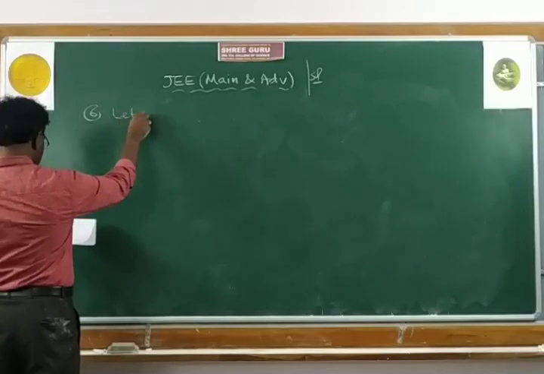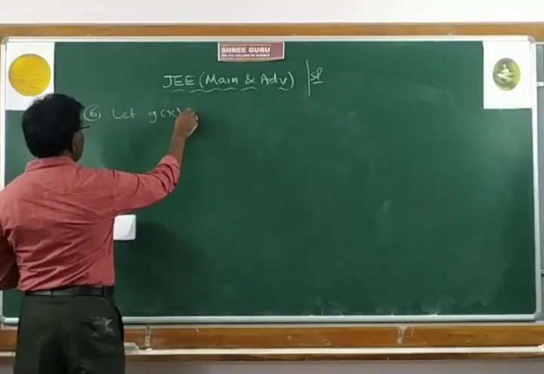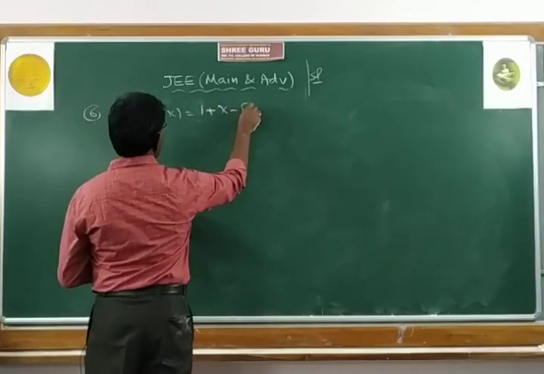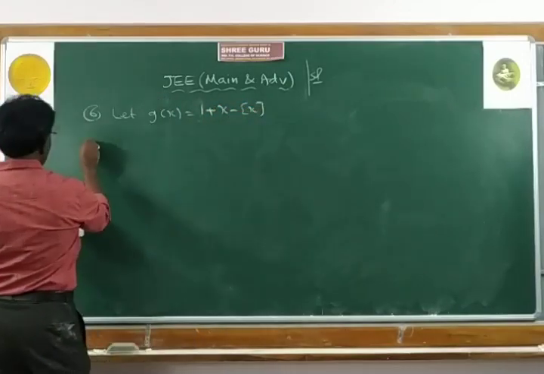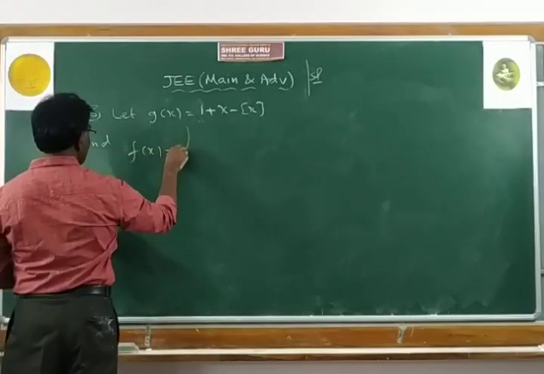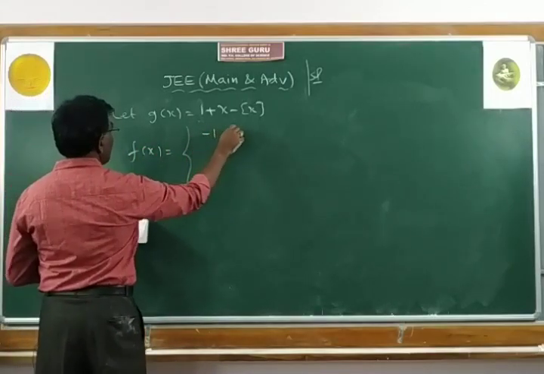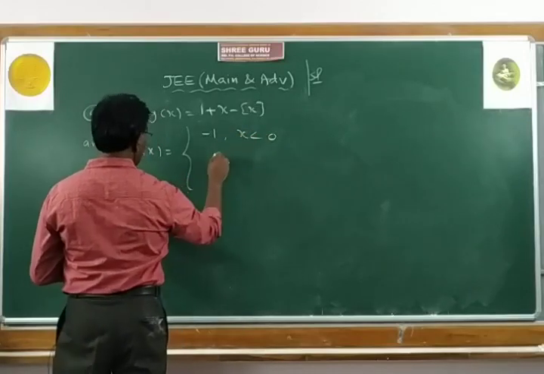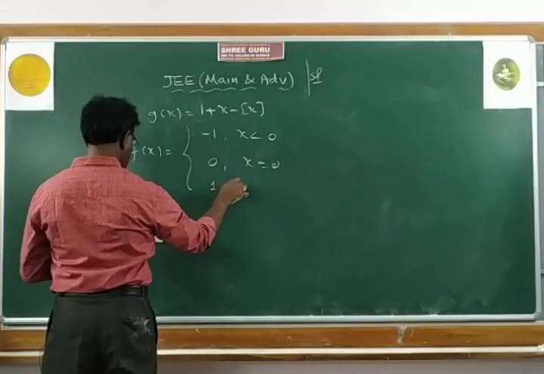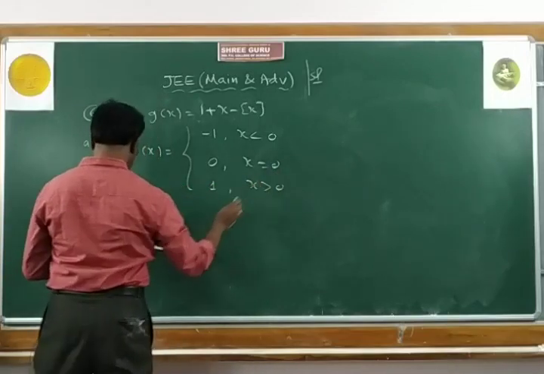Let g of x equal 1 plus x minus the greatest integer of x, and f of x is equal to minus 1 for x less than 0, 0 for x equal to 0, and 1 for x greater than 0.